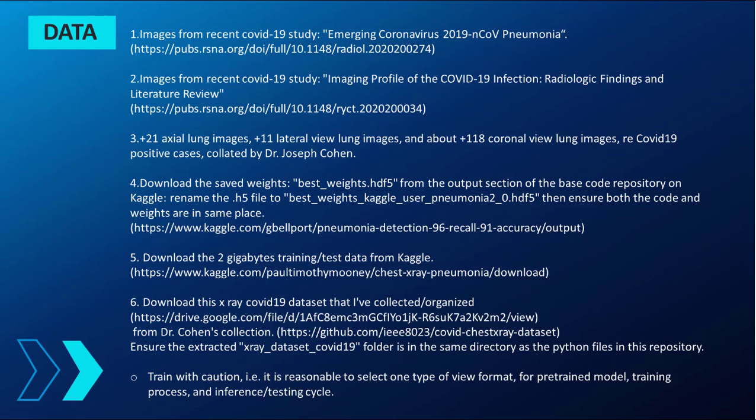We have taken the weights from the output section of the base repository on Kaggle based on pneumonia, and also the 2 GB training test data from Kaggle. We have also taken the X-ray COVID-19 dataset which I have collected and organized from Dr. Cohen's collections, and these are the sources from where I have taken the files.